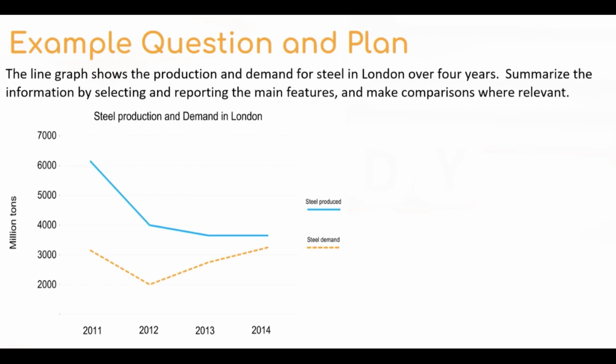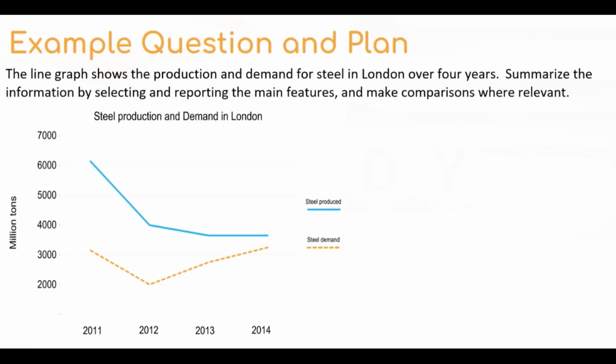To the left, on the y-axis, we have millions of tons, from 2,000 million tons all the way to 7,000 million tons. On the key on the right, we can see in blue, steel produced, and in orange on the dotted line is the steel demand. Across the bottom are the 4 years from 2011 to 2014.